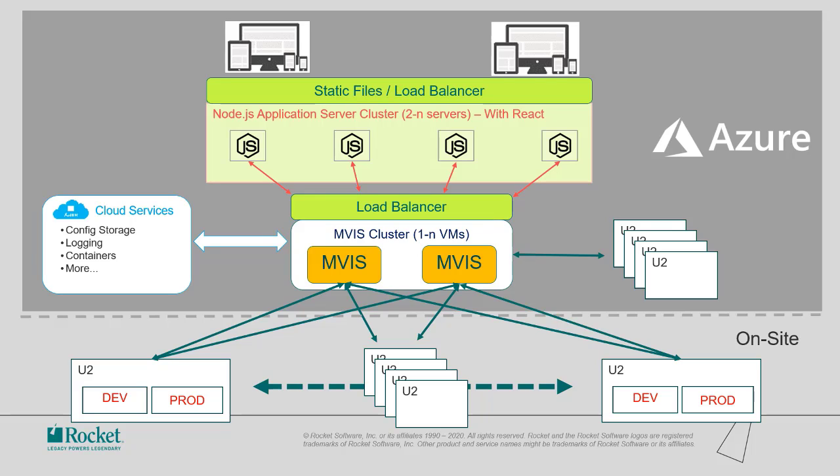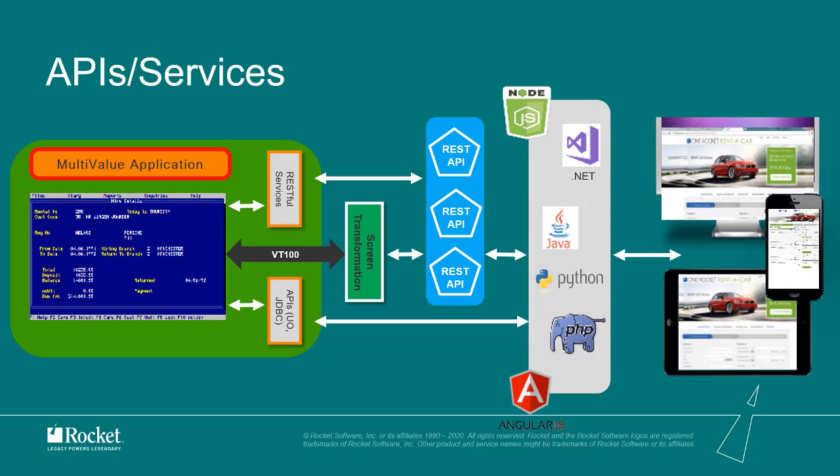The MV integration server will scale horizontally for multiple accounts on multiple servers and support as many instances as you need on the back end. The customer built a Node application as well with React and connected to the MV integration server to access all of those wonderful RESTful services on those U2 servers.